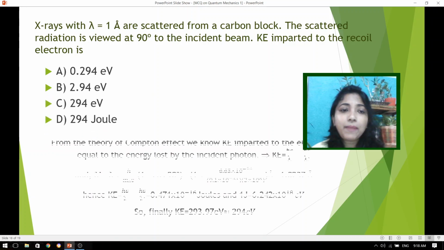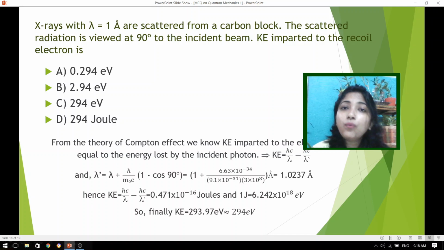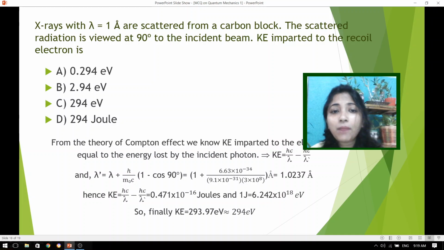Now students, remember, what will be the value of the kinetic energy imparted to the electron? It will be exactly equal to the amount of energy which has been lost by the incident photon. That is, the incident photon comes with some energy, collides with the electron, gives some of its energy to the electron, and in turn, its energy gets decreased.